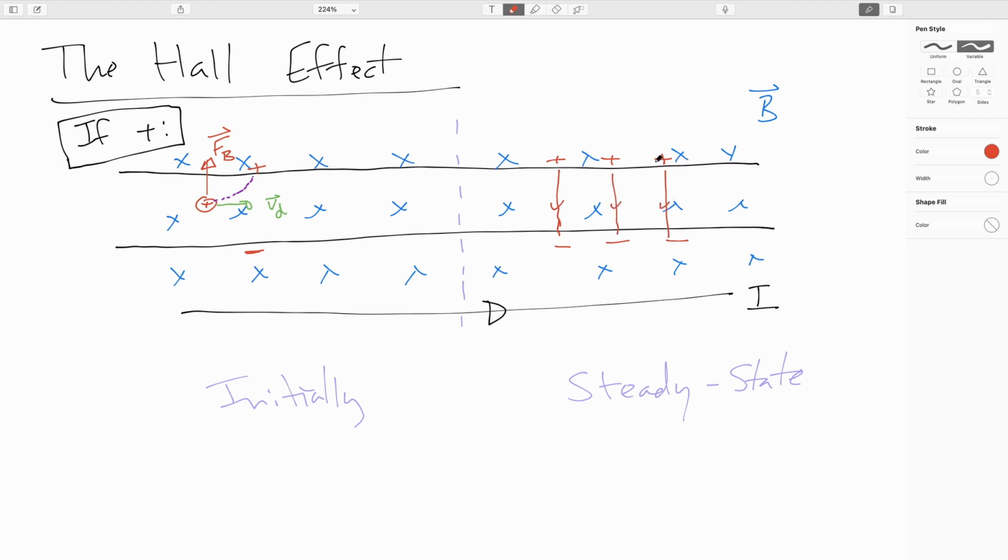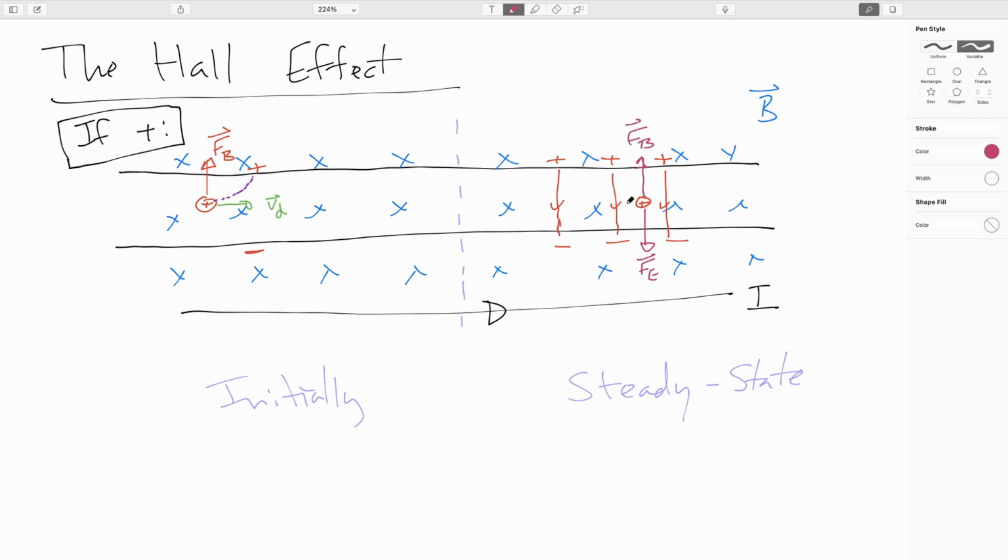Now we're going to build up charges until such point as the influence of the electric and the magnetic forces cancel out. So if I have a positively charged charge carrier here, which way is it feeling an electric force? Yeah, it's feeling a downward electric force, and we already worked out that it's feeling an upward magnetic force.